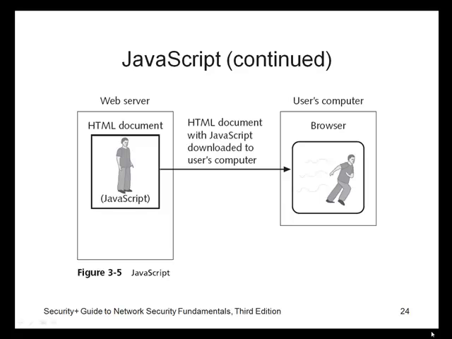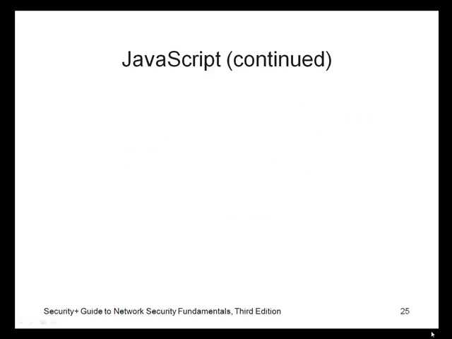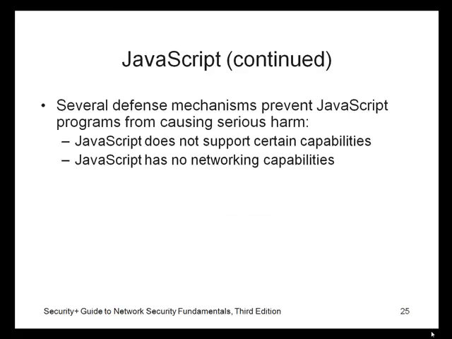I've seen some of them where they actually get temporary internet files, and then some type of system actually scans them or something, and it executes the version. These can be prevented. JavaScript does not support certain capabilities, has no networking capabilities. Every time somebody makes those statements, does not, cannot, will not, somebody will find a way around that.